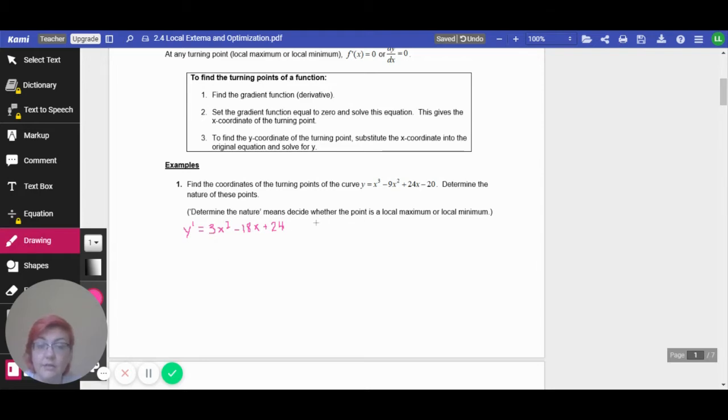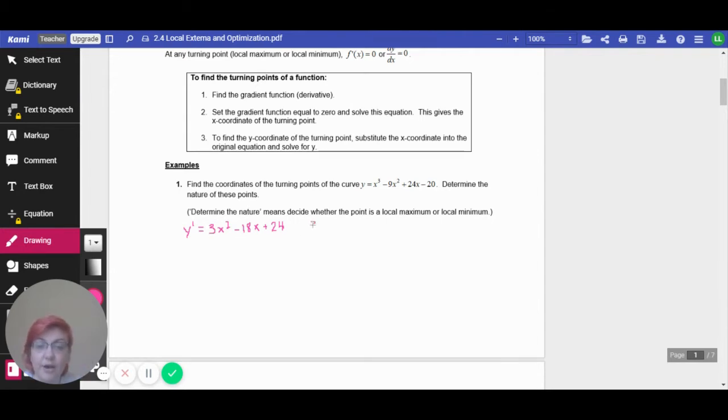All right. If 3x squared plus 18x plus 24 is equal to 0, the first thing I want to do is factor out any GCF. And I see that all of these are divisible by 3.